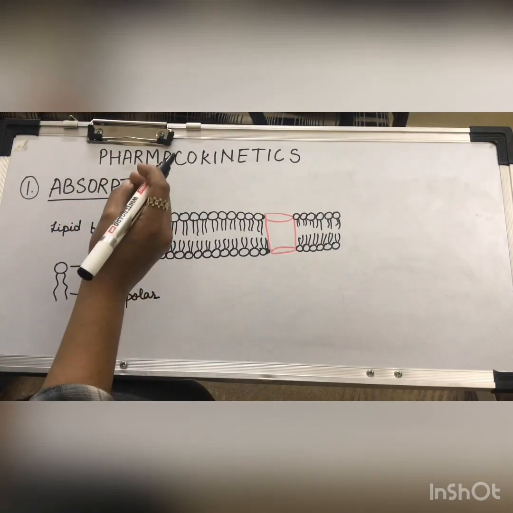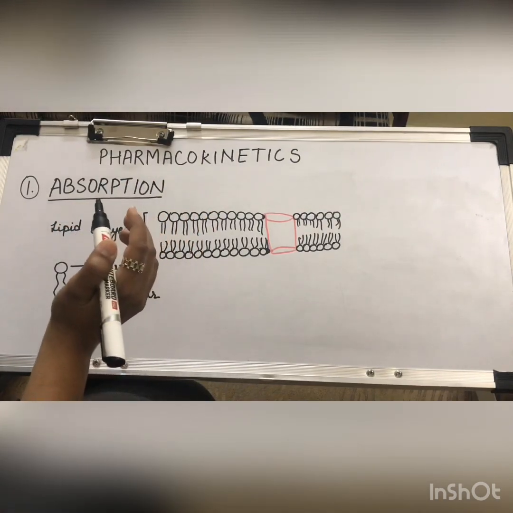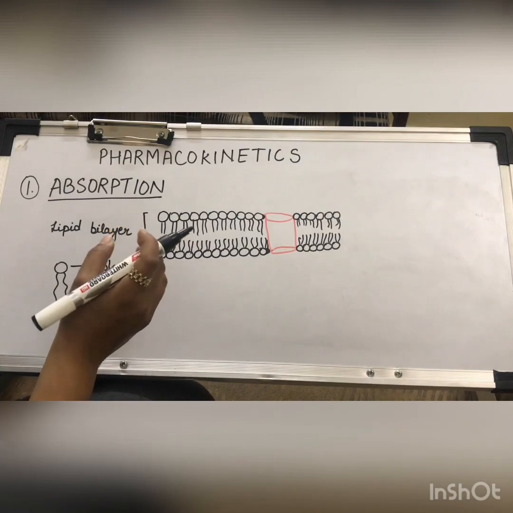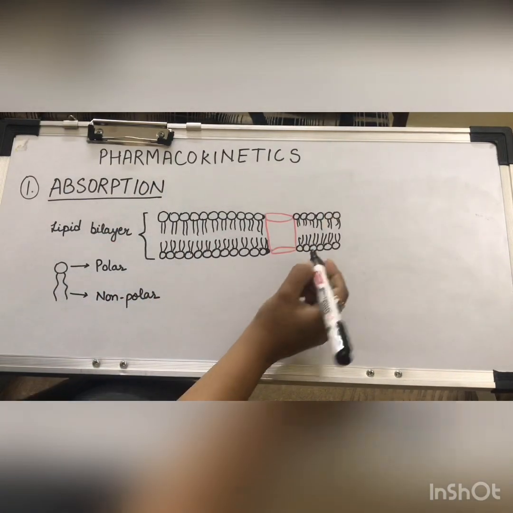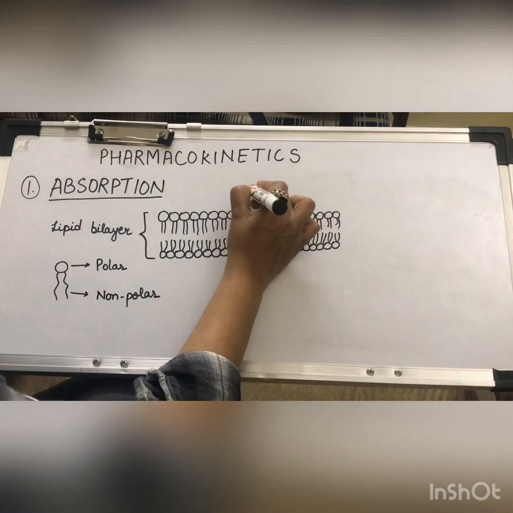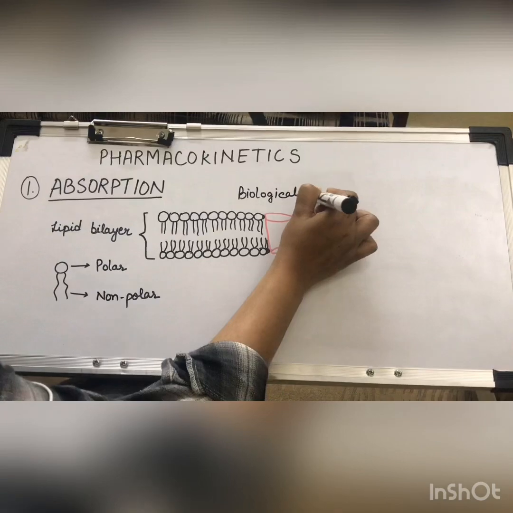For this, when it finally gets into the blood and has to be distributed to different parts of the body, it has to cross a biological membrane.